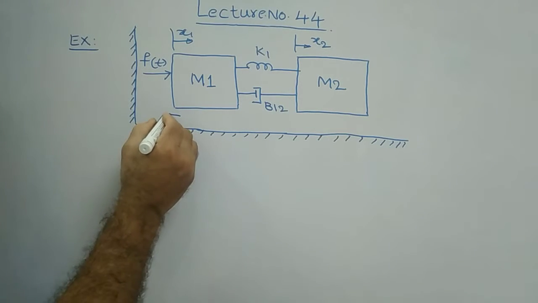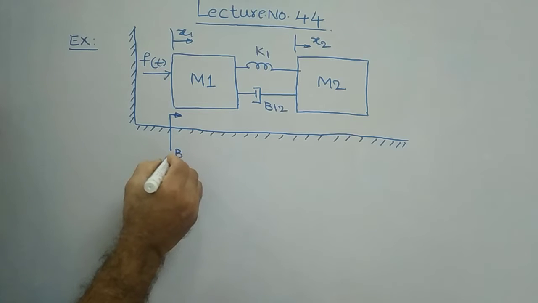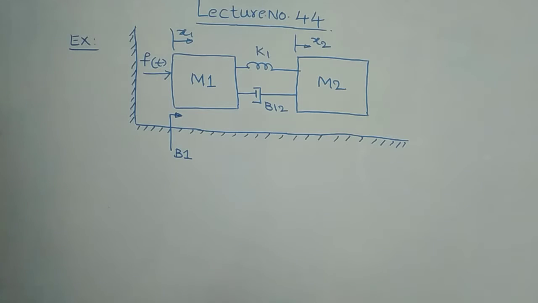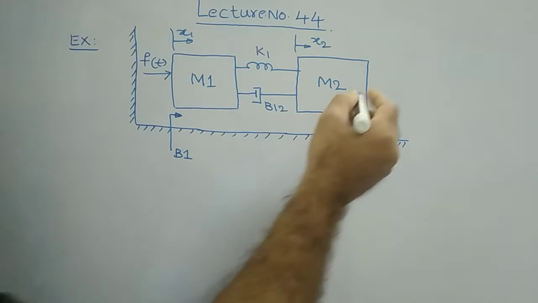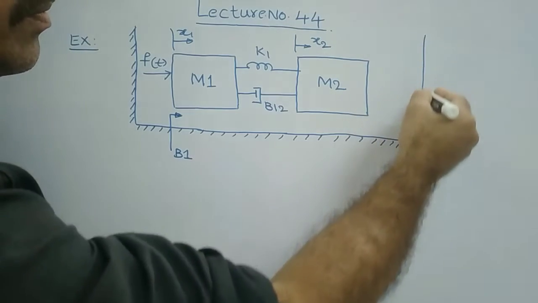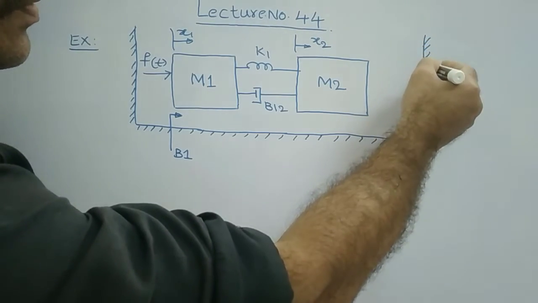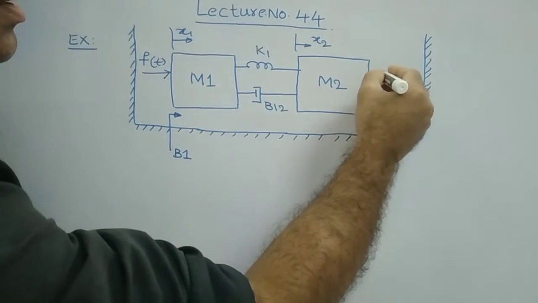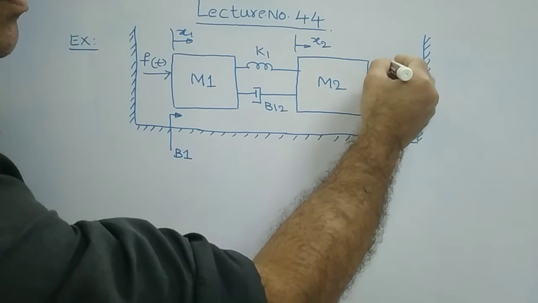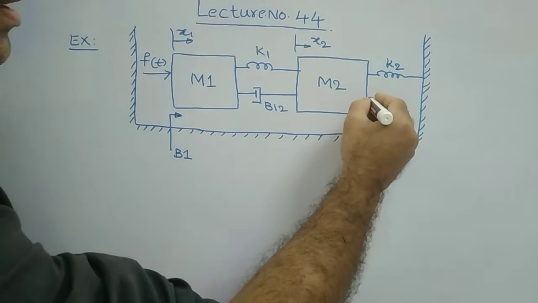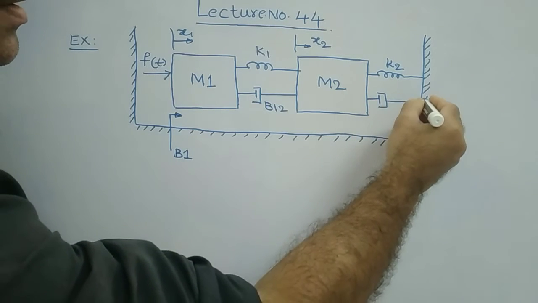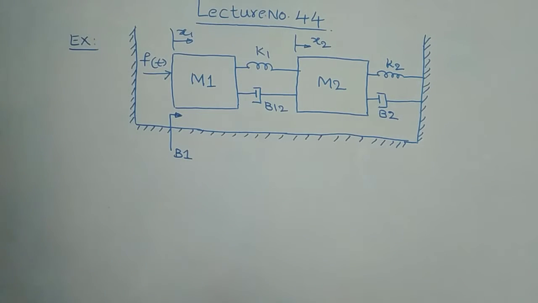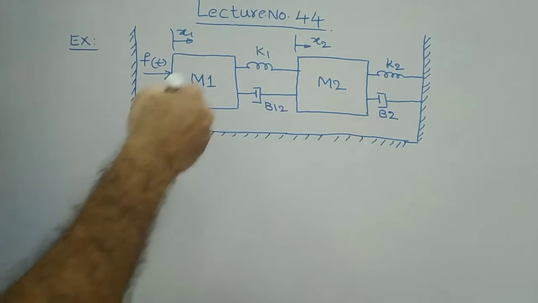Here it is b1, the frictional coefficient between the reference and this block. Similarly, the other end is also a reference, and m2 is connected with spring constant k2, and here the frictional coefficient is b2. Clear? So this is the given mechanical translational problem.